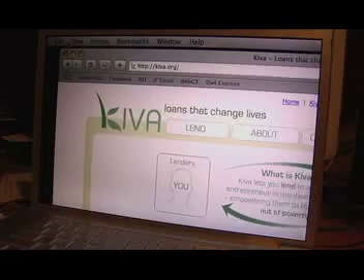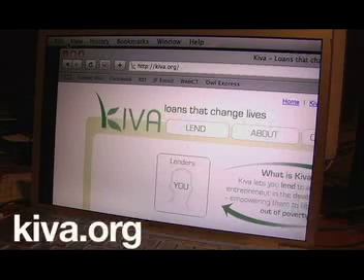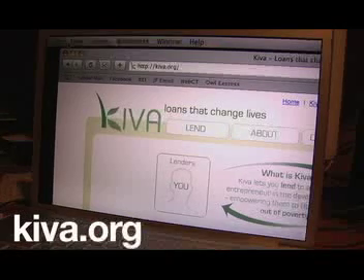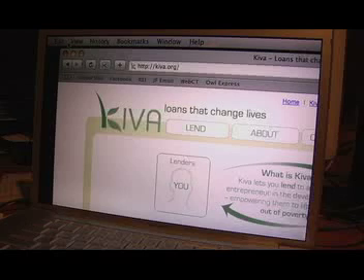One of the first ways that you can get involved in helping the third world community is an organization called Kiva, and you can go to Kiva at kiva.org. Kiva is a different kind of organization that helps the third world because it's a micro-lending organization.